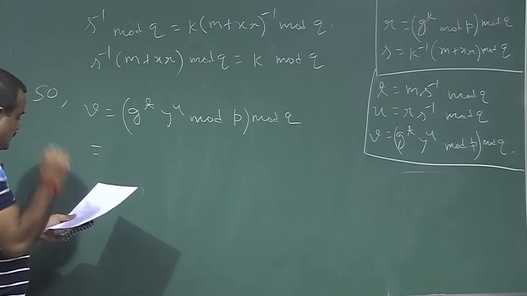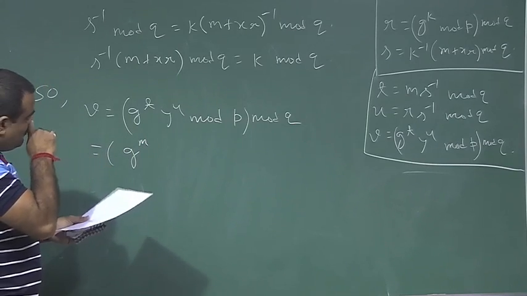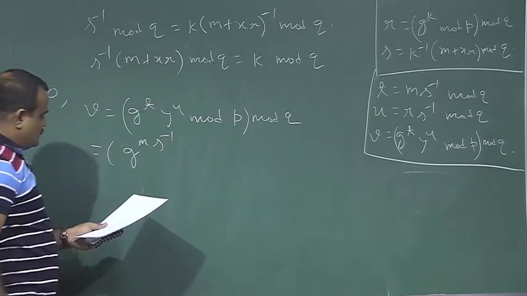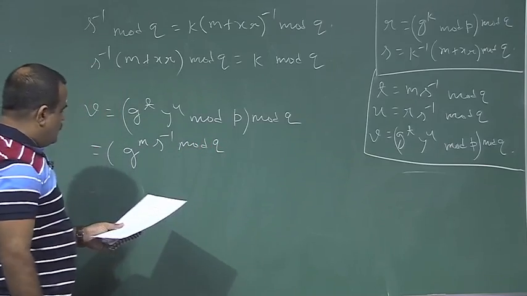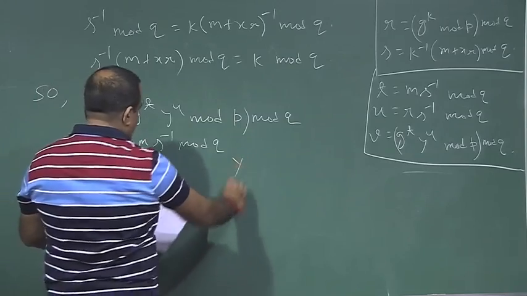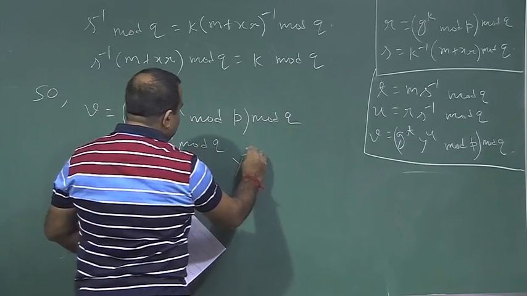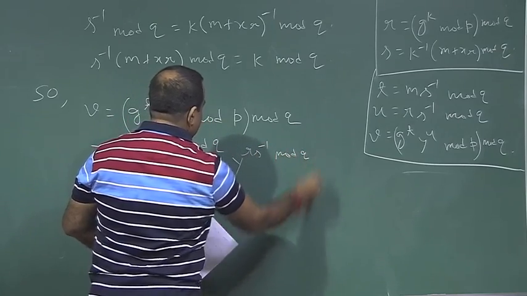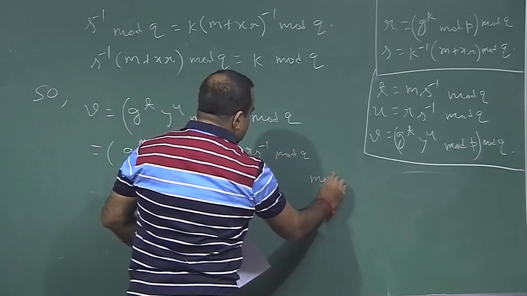So this is basically g to the power t, which is m S inverse, so g to the power m S inverse mod q, and because t is m S inverse mod q, y to the power u, which is r S inverse mod q, then mod p, mod q.